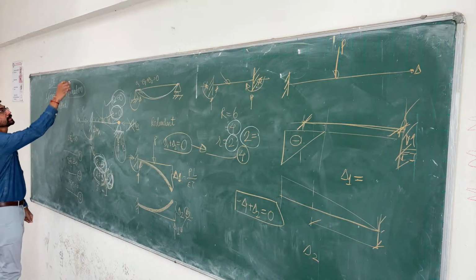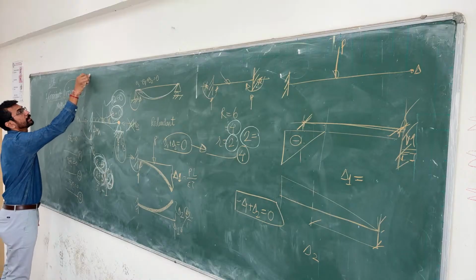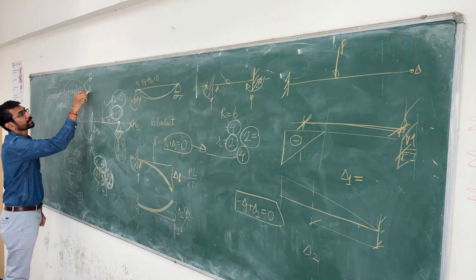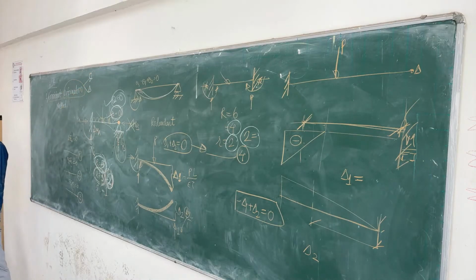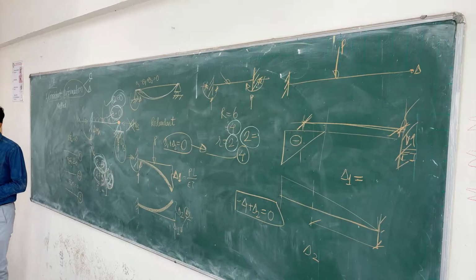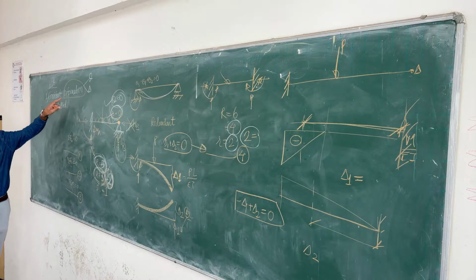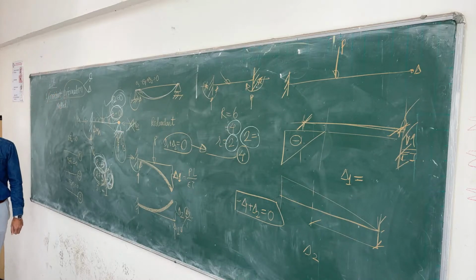Deformation means theta and delta. Deflection is delta. Theta is slope.